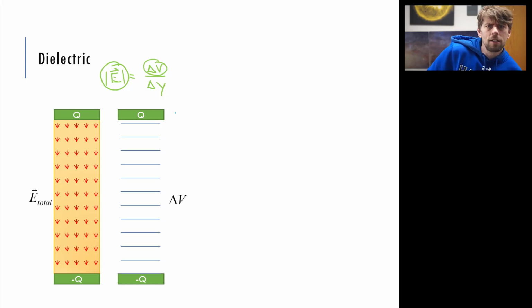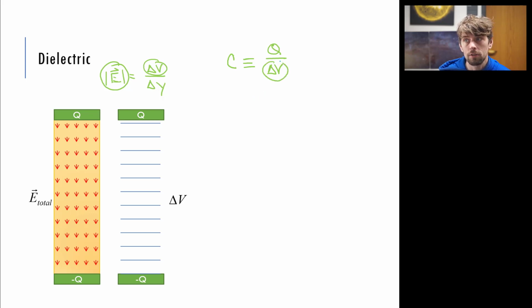Now, we should remind ourselves that capacitance is defined as charge over a change in potential. But because my difference in electric potential has gone down, that means my capacitance has gone up.